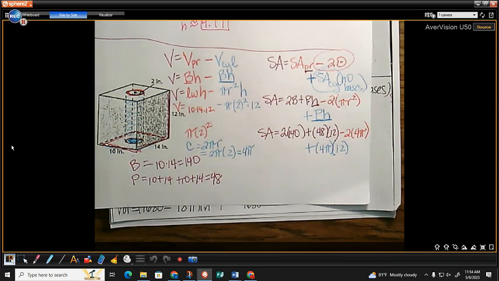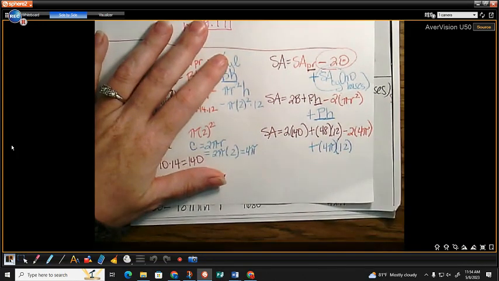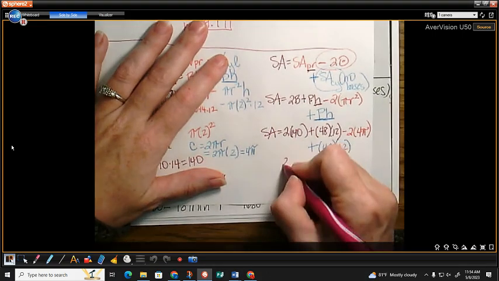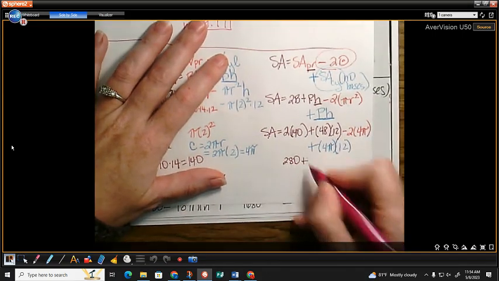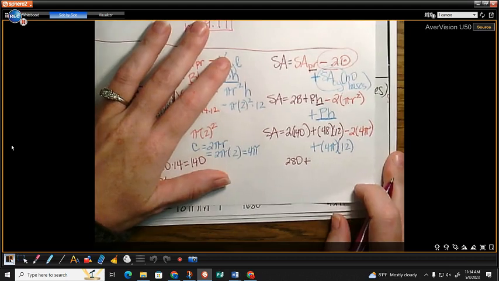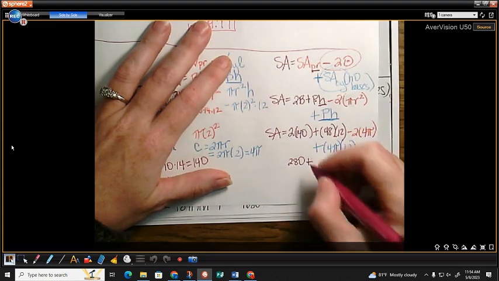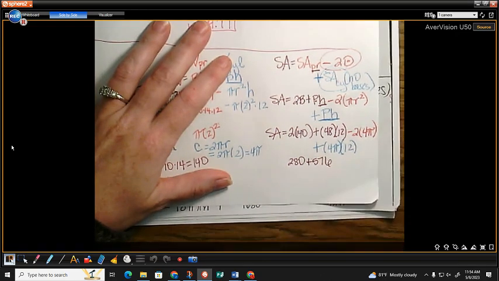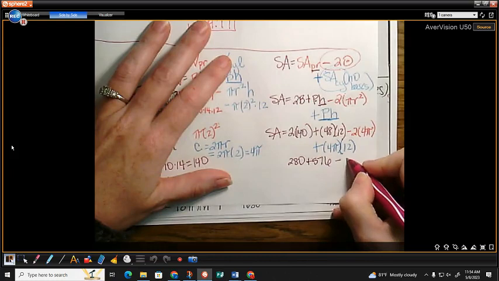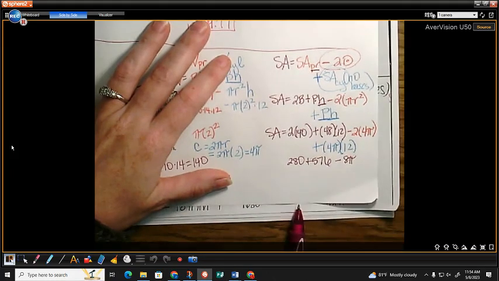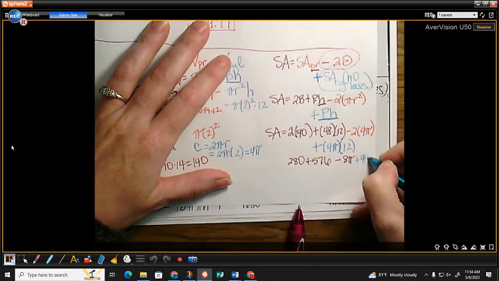Okay? Do you want to finish the calculations or you just want to leave it? You curious? 2 times 140 would be 280. 48 times 12 would be 480 plus 96. 480, 576. Minus 8 pi plus 48 pi.